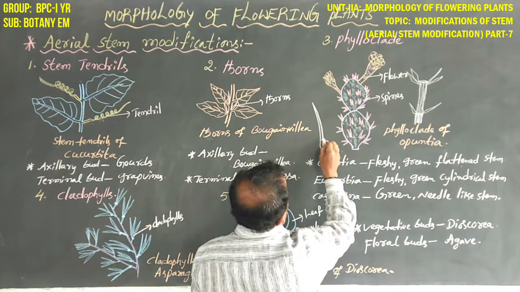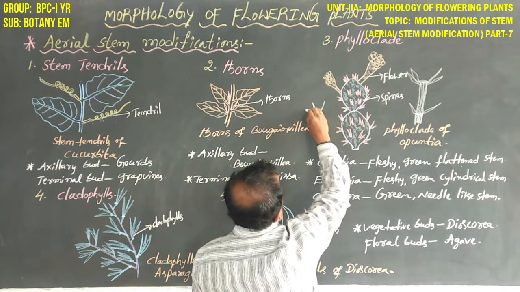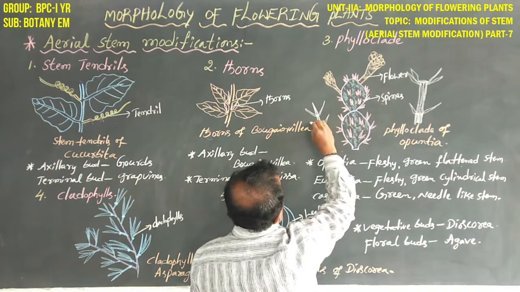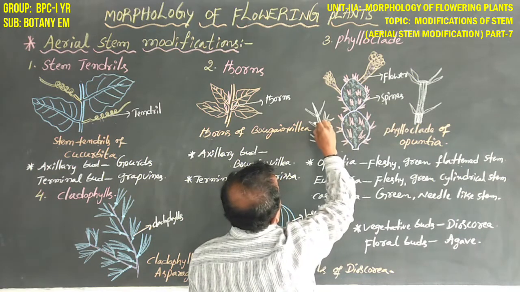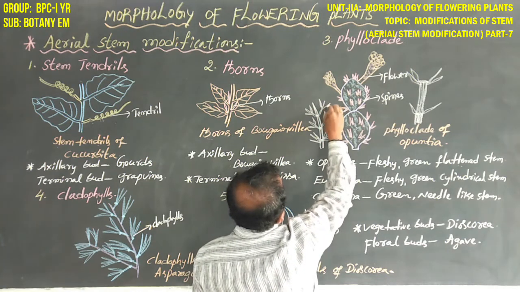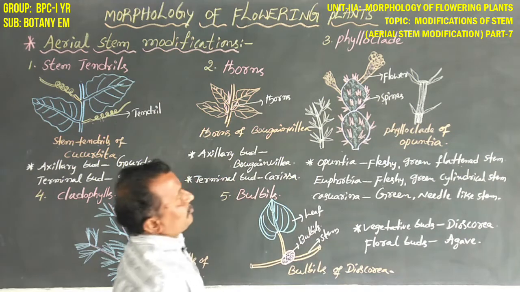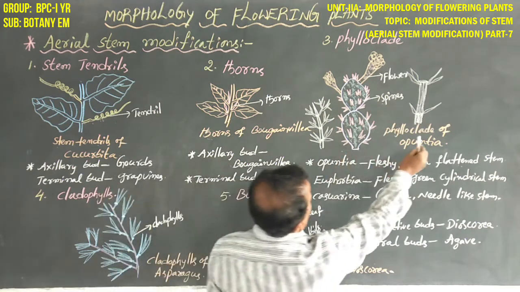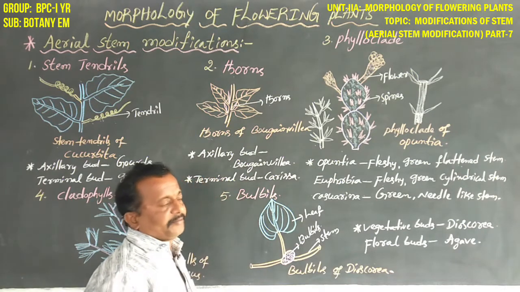And these are the scaleless. This is a Casuarina. So this is Opuntia, this is Euphorbia, this is Casuarina.